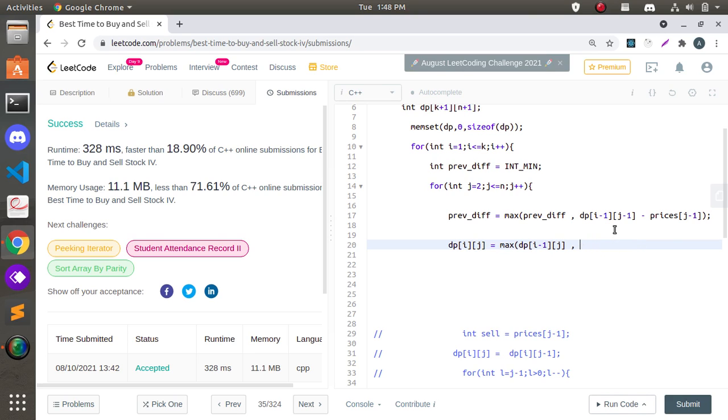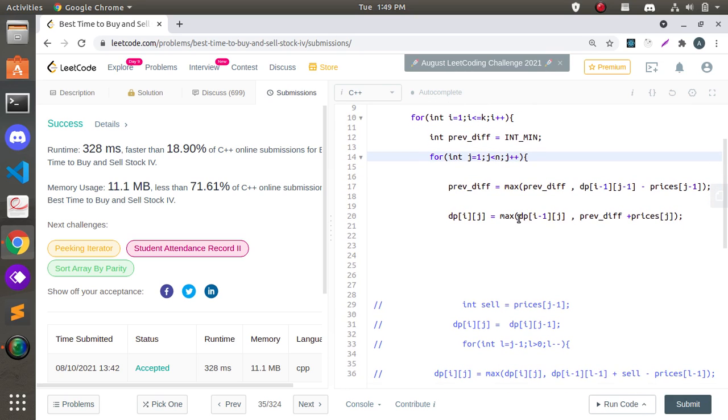So what we can use is the primitive function. So this one minus this one plus, right? Because we are selling at that j position. Yeah, this is the part. And j should be 1, right? And it should be less than 1.